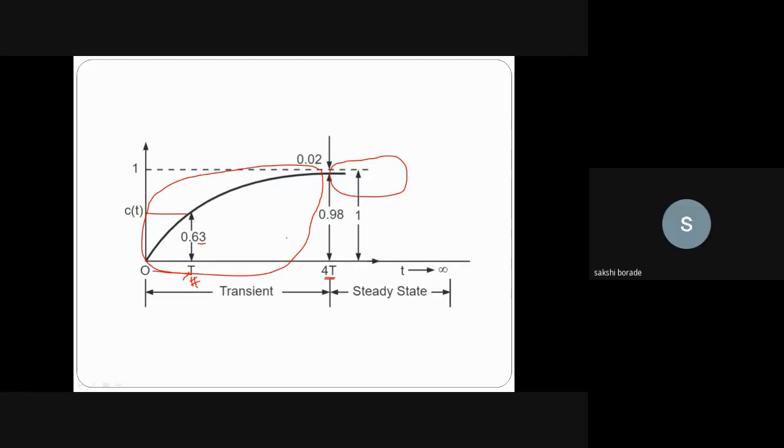Yes, sir. Okay. So today we are going to study what is the effect of time constant on the response of a control system. For example, if you change the value of time constant, then corresponding to the change in time constant, how the response of the system is going to be. So suppose you have two systems, and both the systems are having different values of time constant.